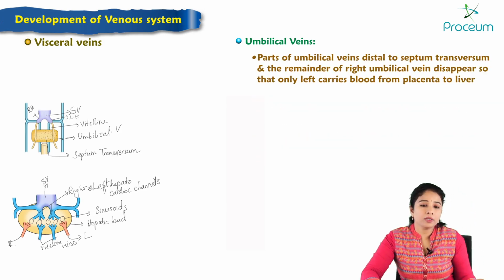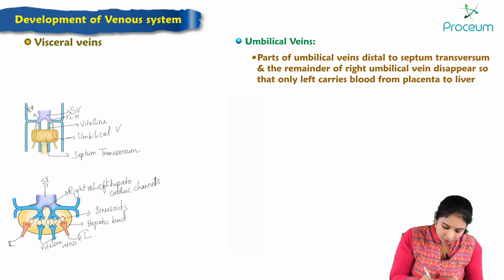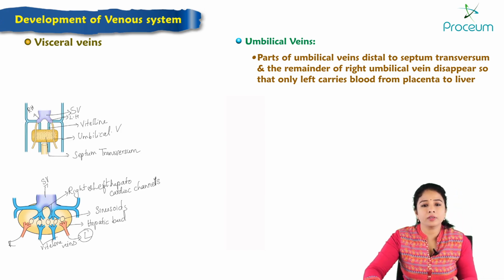The parts of the umbilical veins distal to the septum transversum and the remainder of the right umbilical vein disappear, so that only the left carries the blood from the placenta to the liver. So only the left one carries the placental blood to the liver.